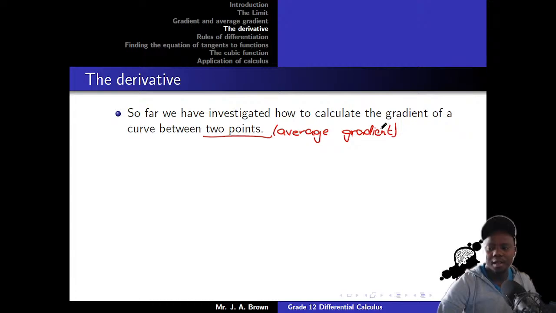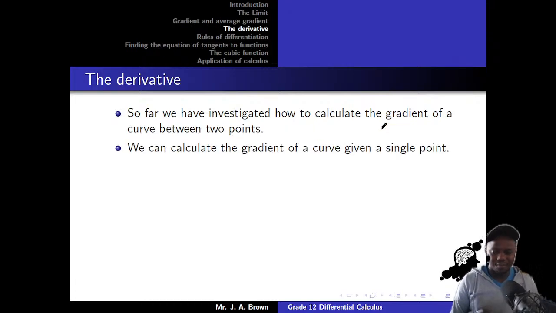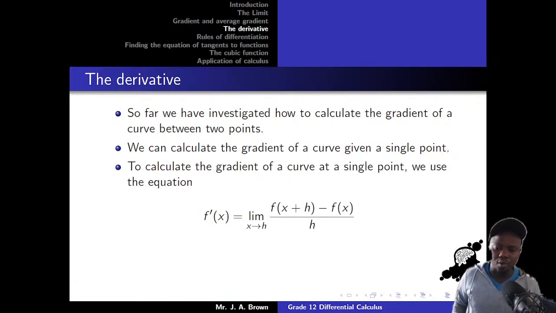Now, from here, we might be interested in finding out what is the gradient of the curve at a single point. Because as I've mentioned to you, the gradient of a curve changes at every single point. Now we might be interested in finding out what is the gradient of the tangent at a specific point, or what is the gradient at that specific point.